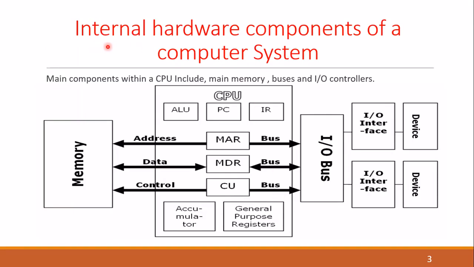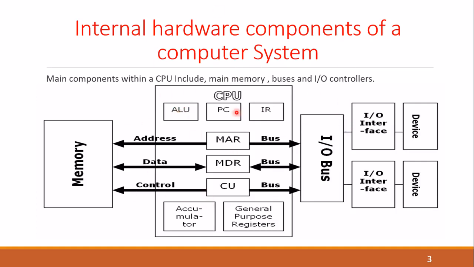This is slide number 3. This is about the internal hardware components of the computer system. The main components include the CPU, which we call the processor, the main memory unit, and I/O buses or I/O controllers. All operations are handled by the CPU.